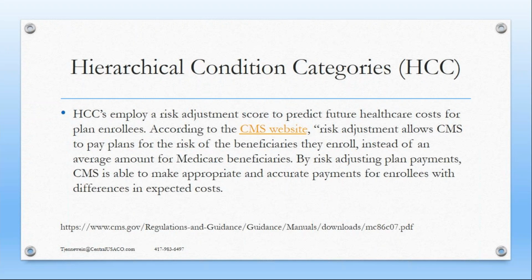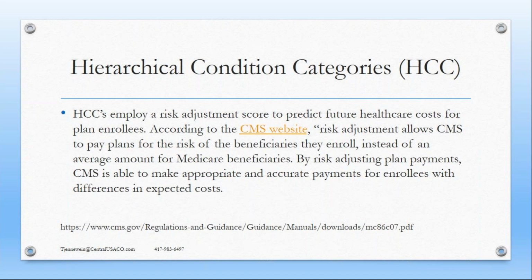An HCC score is a hierarchical condition category. Now, that sounds cool, but what does it mean? Medicare says that HCC scores will predict the future healthcare costs for beneficiaries.